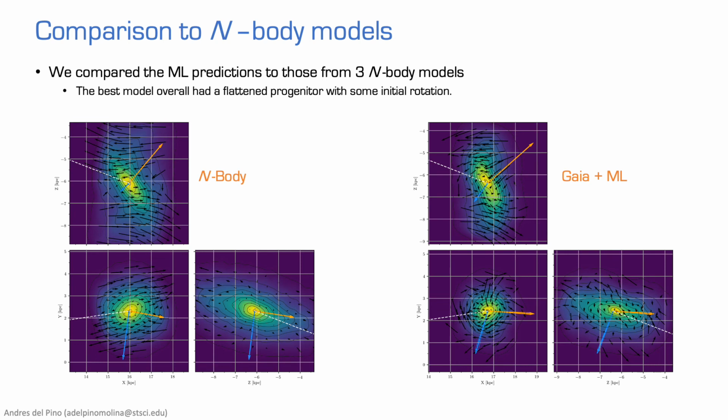We found that the best overall model was the rotating one, which was the only one able to reproduce the bar and the orientation of the internal angular momentum. In these plots, you can see the rotating N-body model after letting it evolve until the current state of Sagittarius, and on the right, you have the Gaia plus machine learning predictions.